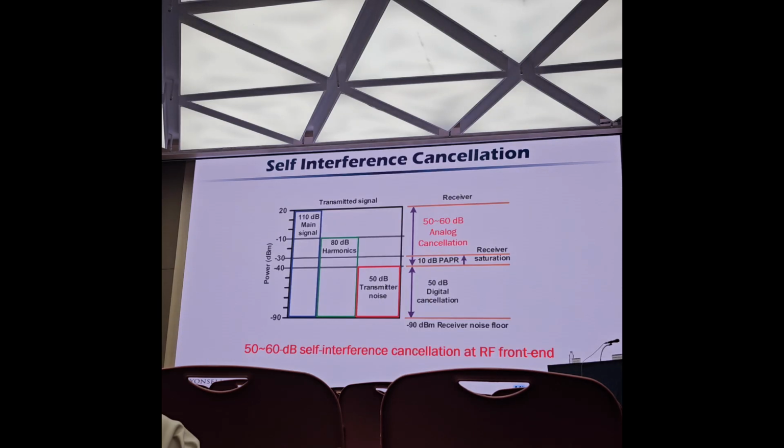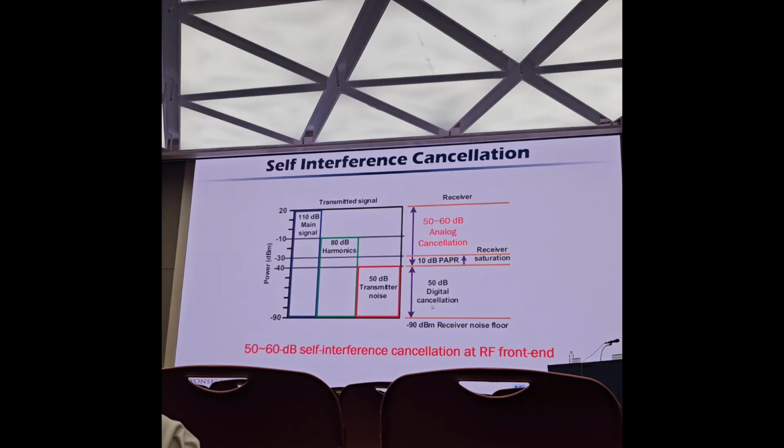So what we have to do for this is, let's say we are transmitting the signal at 20 dBm, and our noise floor is like -90 dBm. To achieve full duplex, we have to cancel or reduce the transmitting signal to this noise floor. This is going to be 110 dB isolation or cancellation.